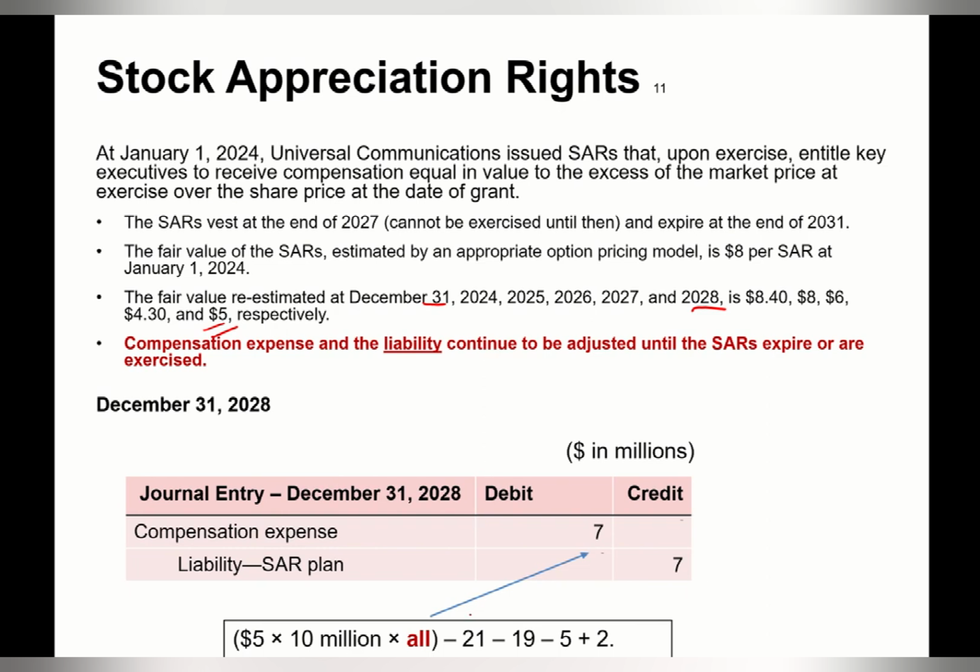Minus 21 recognized in 24, 25, 26, and 27. 27 is negative, so minus the negative 2 equals plus 2. And then we get the compensation expense for that year equals 7. So debit compensation expense 7 million and the liability credited by 7 million.